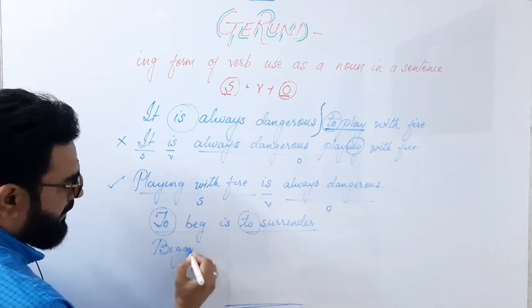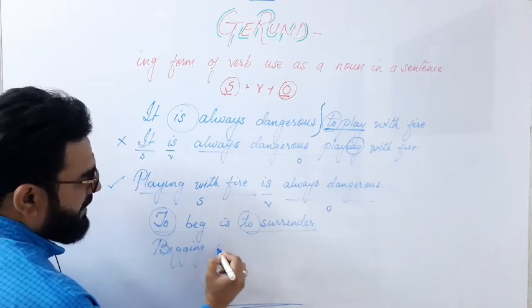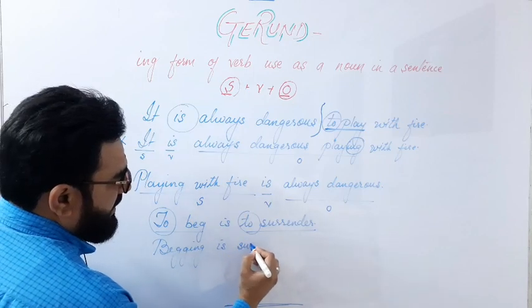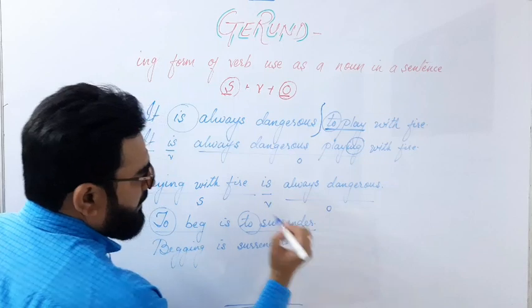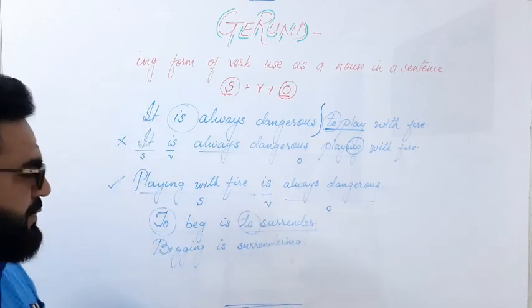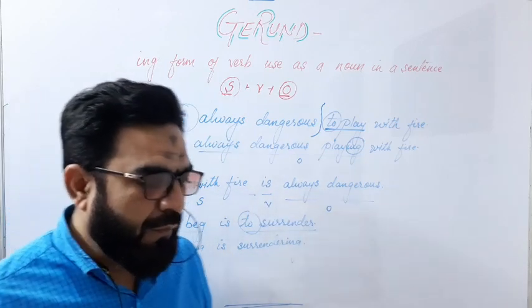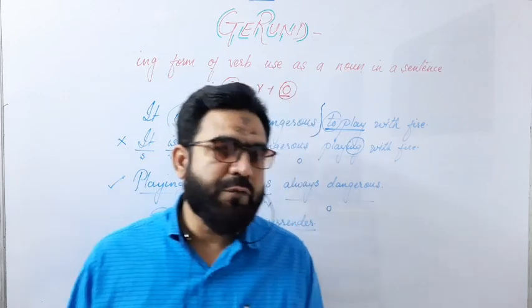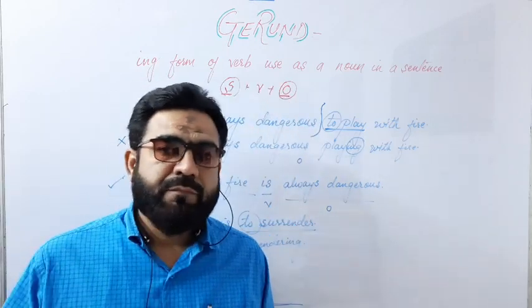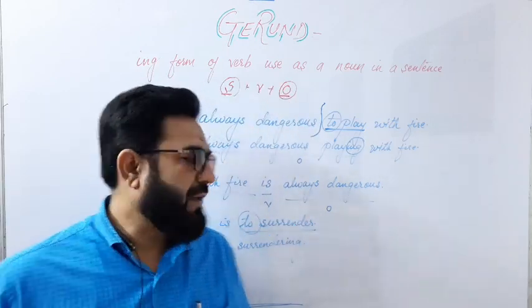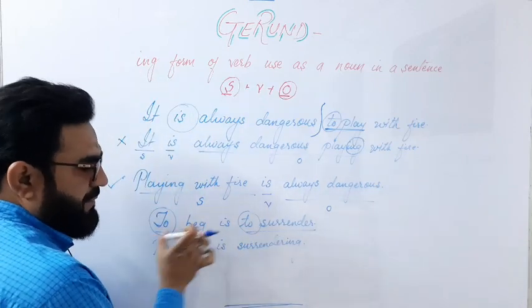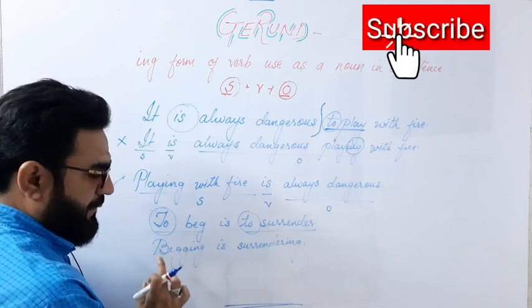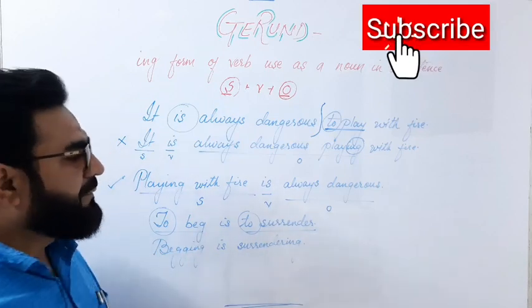Begging is surrendering. Got it? So if there are more than one infinitive form of verb in the sentence, it must be replaced by ing form. Don't use a single in the subject or the object. Fine? So this is gerund.